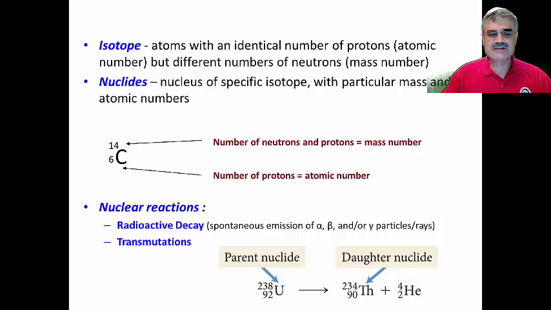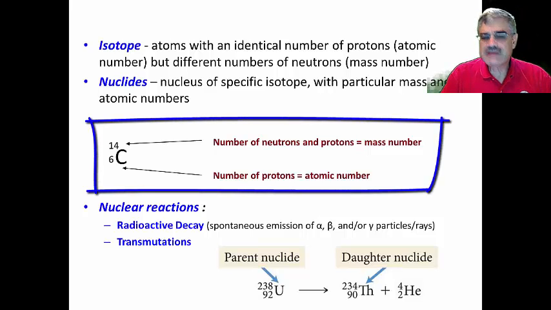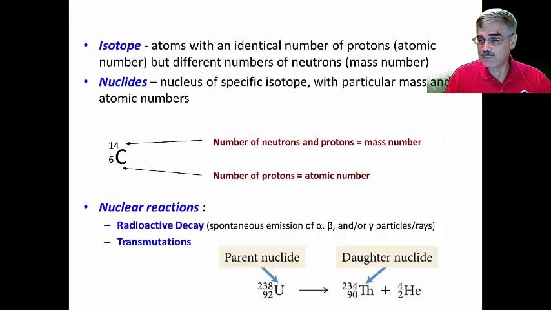The center of this slide shows a standard representation of an isotope in which we show C, the symbol for carbon, and we show that yes, it has 6 protons. For it to be carbon, it has to have 6, remember. But in this case, it's carbon-14, meaning that it has 8 neutrons, because the mass number, the number on top, is the sum of the number of neutrons and protons.